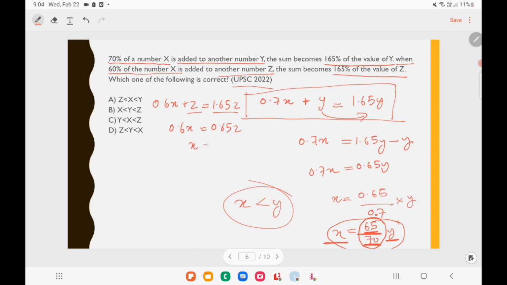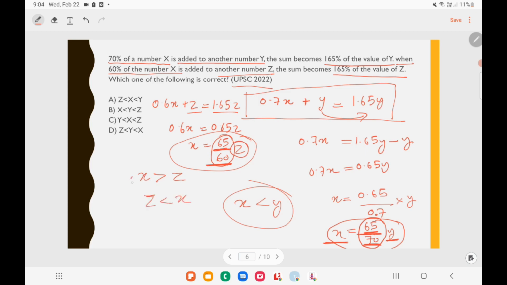Now x is equal to 0.65z by 0.6, that is 65 by 60z. Here 65 by 60 is a number greater than 1 because the numerator is greater than the denominator. So if you are multiplying a number greater than 1 with z, you will get a value greater than z. So we can say that x is greater than z, or z is less than x.